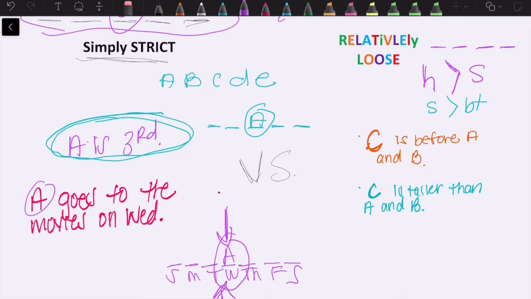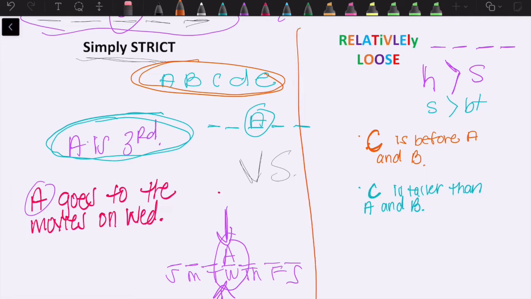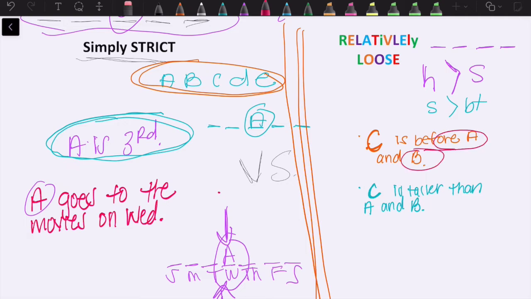On the other hand, if we're talking about our variables relative to each other, if we go with the A, B, C, D, E example again, but come over to this right side, and we say C is before A and B, well, if we have 5 variables, can we put C down in any specific spot, any strict spot?